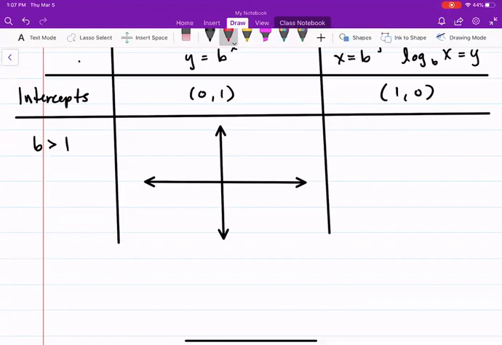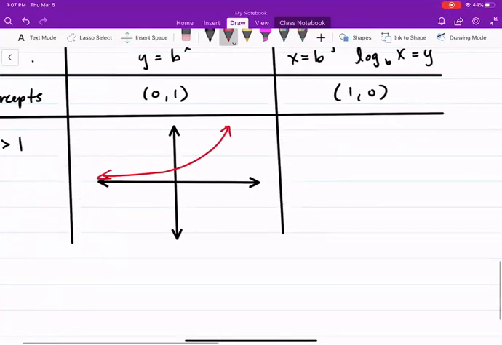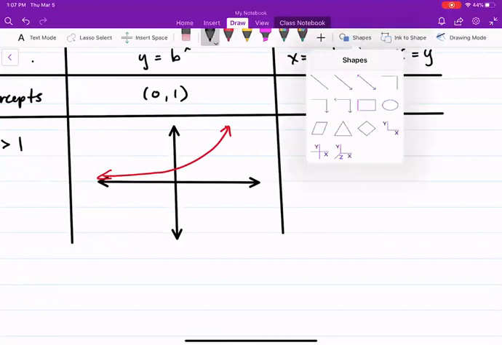It's going from left to right. It's going to go up, and it's not going to cross the x-axis.